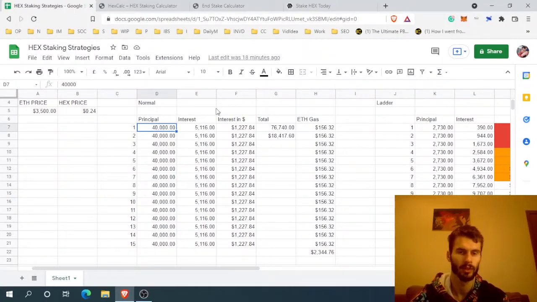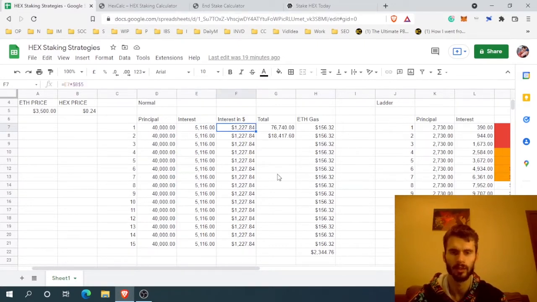If you were to stake it for a single year, you would earn around 5,000 hex, and that would translate into around $1,200 minus the Ethereum gas fee to unstake your stake, and that would leave you with around $1,150.